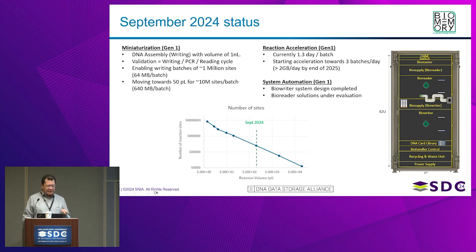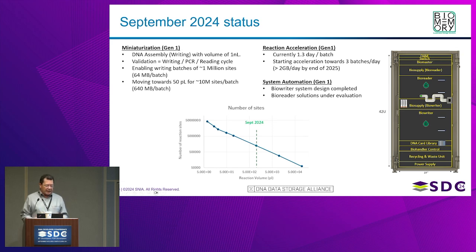We have been validating that for 1 nanoliter, which corresponds to 1 million sites. In our case, we currently have 64 bytes per site, so that's 64 megabytes per batch.